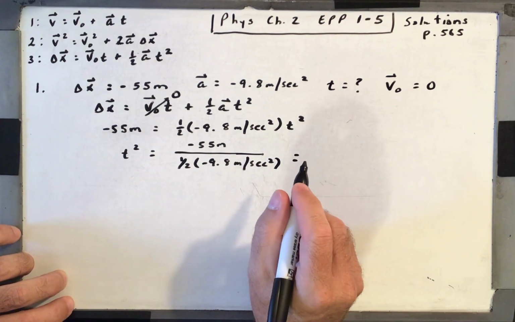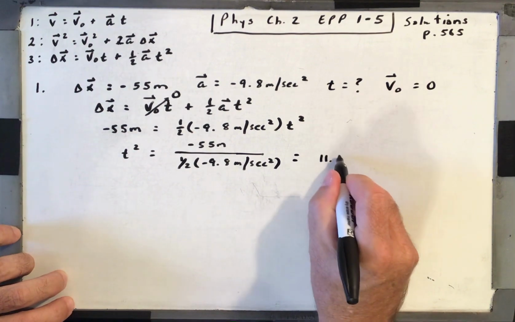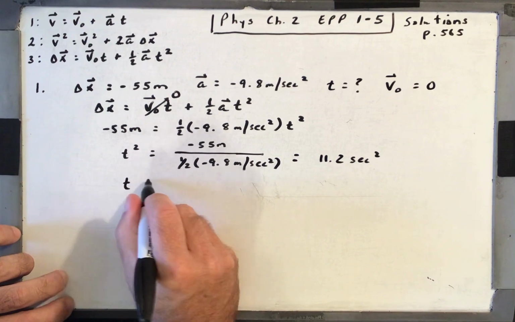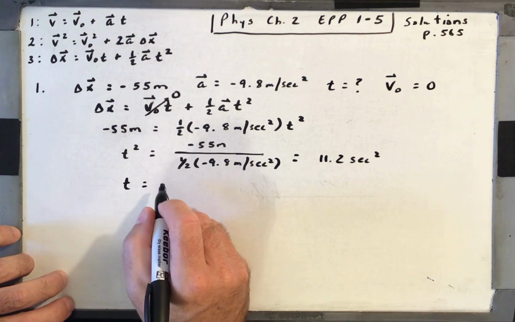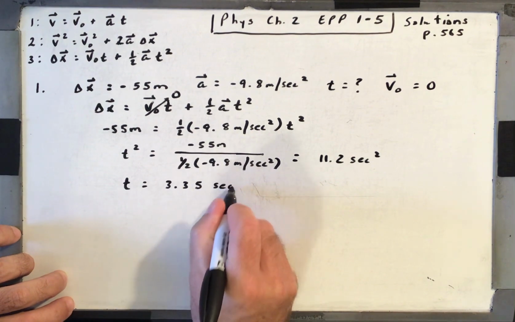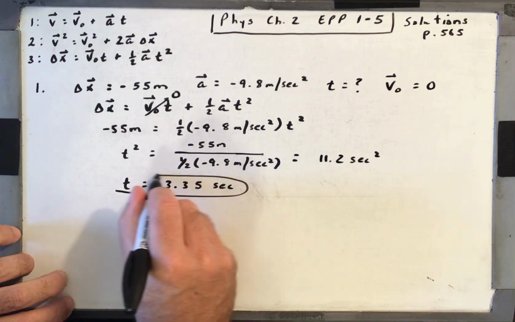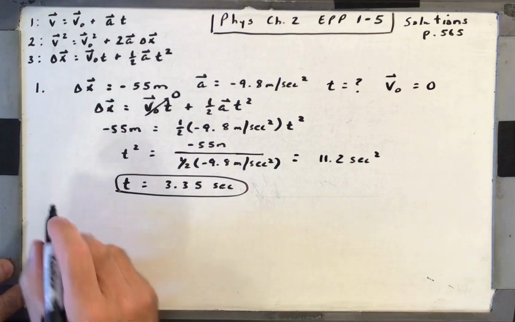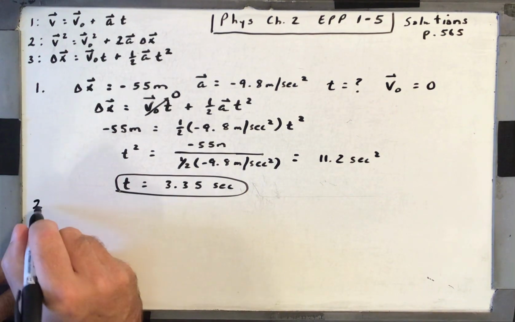Right, time squared is 11.2 seconds squared. So let's take the square root of that, and you'll get a time of 3.35 seconds. All right, great. So that is number one. Let's see if I can squish number 2 in here.